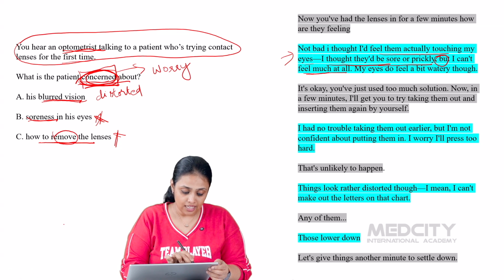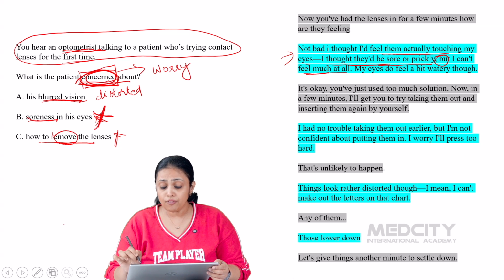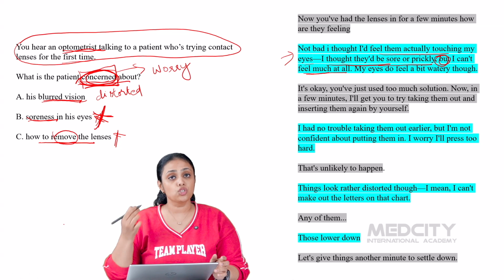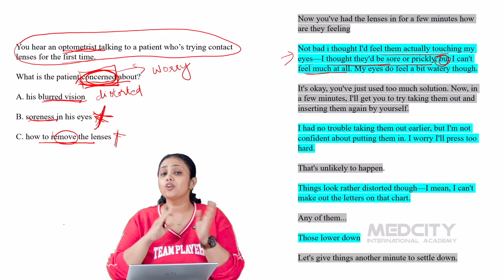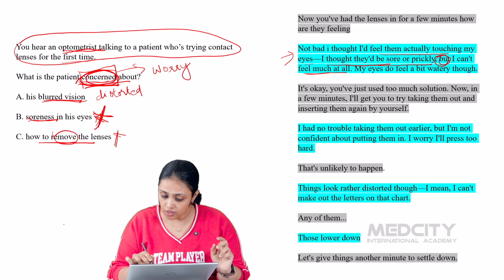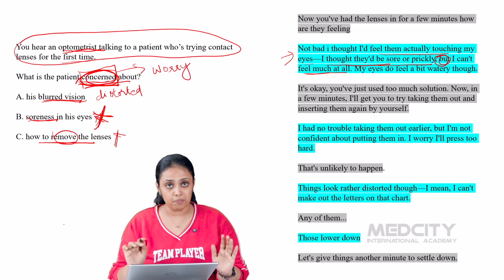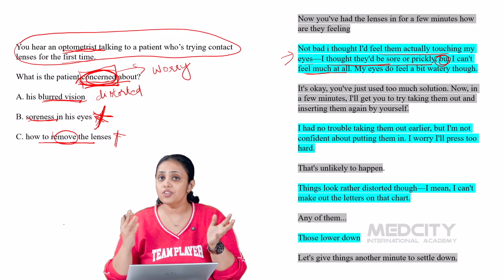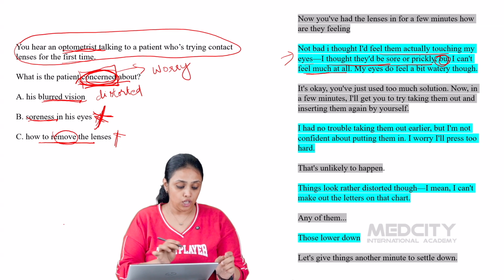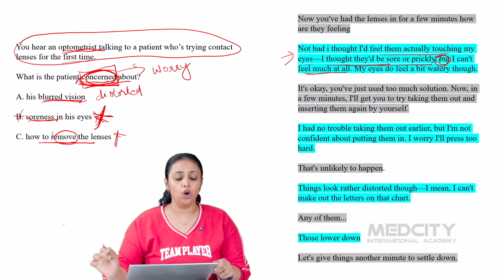So which means that he didn't have this concern of soreness. So you have to watch out for such words in the audio. They already mentioned soreness, sore, then they are contradicting the idea with but. I thought they would be sore or prickly, but. But means you have to expect a reverse of idea. I can't feel much at all, which means that immediately you should be crossing out that option.